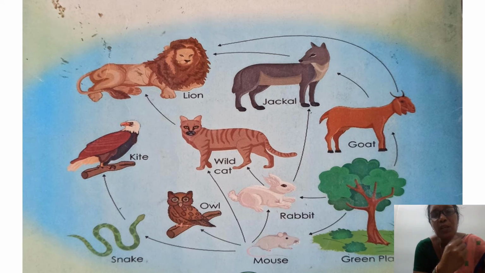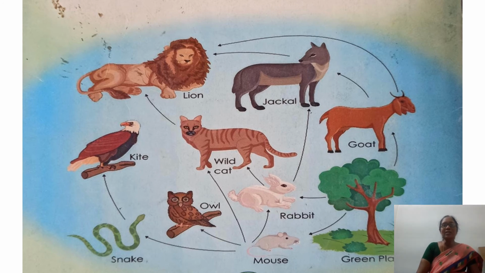And this way also it may go: goat, jackal, lion, kite, snake, like this also it may go. So here the food chain is branched. These food chains are related to each other. They are closely related, aren't they?